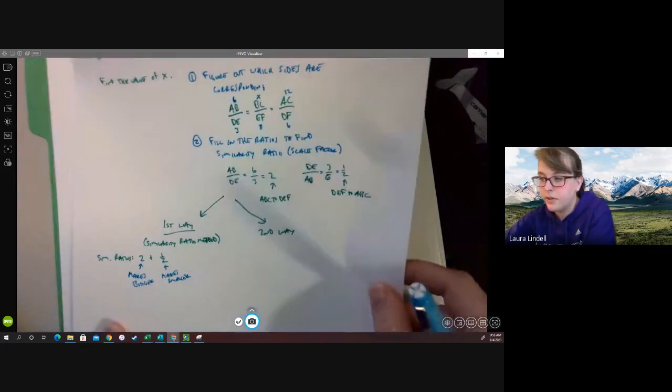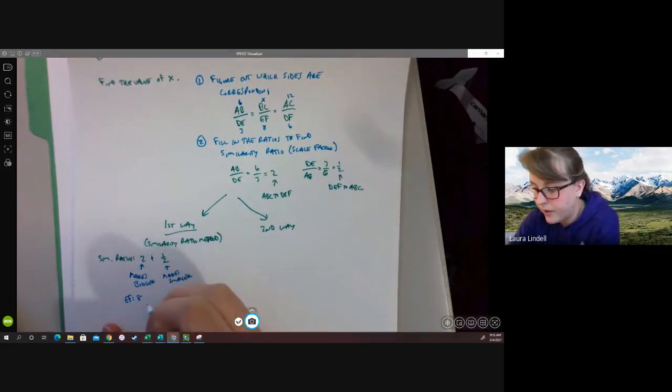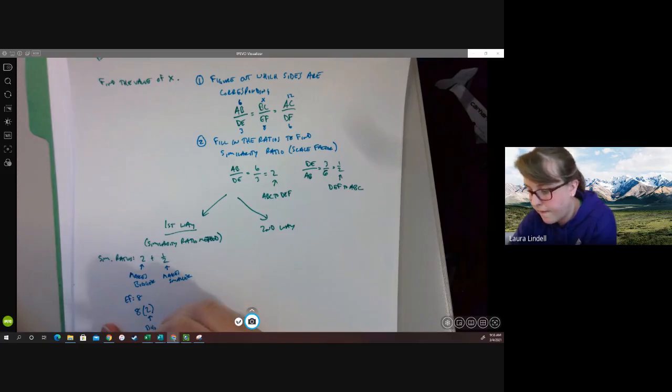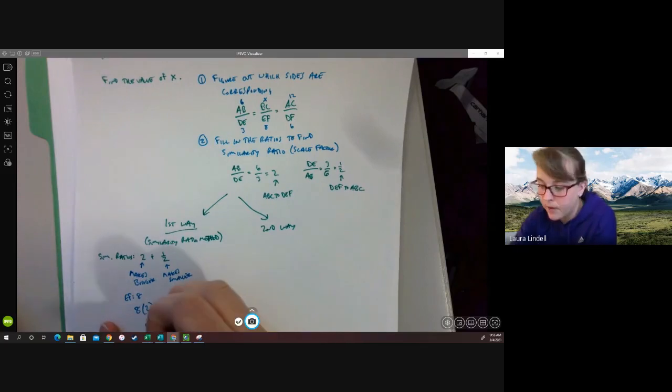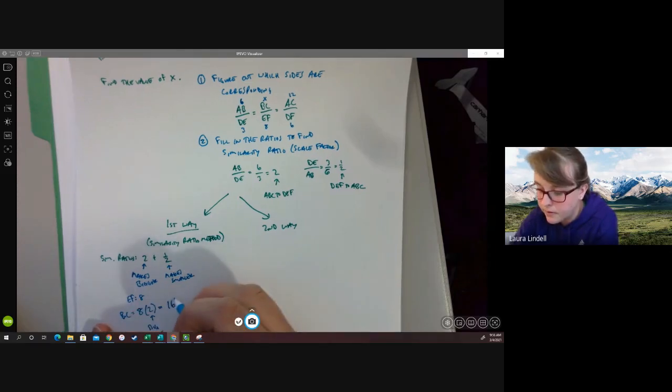So what I would do here is take EF is 8. If I go 8 times 2, my larger scale factor, or my bigger similarity ratio, that gives me 16, which gives me BC.